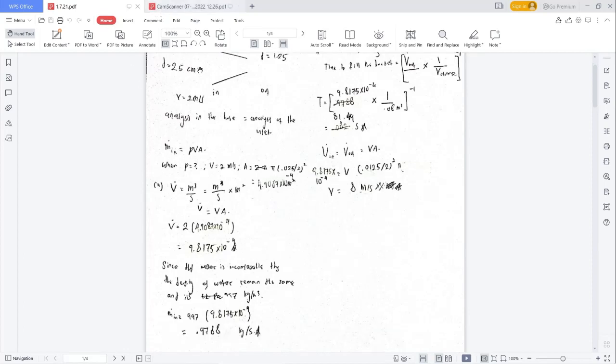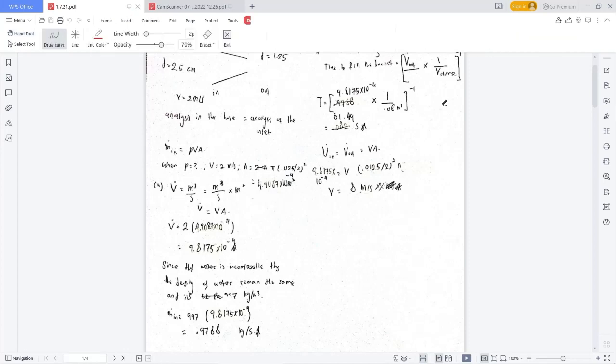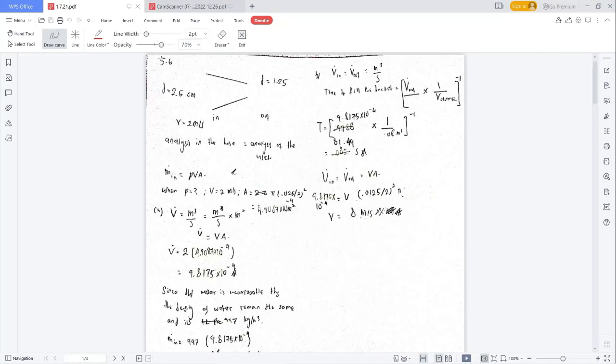Question A asks about the volume flow rate. The volume flow rate is equal to V times A, the velocity times the area at the inlet. The velocity at the inlet will be 2 meters per second. Meanwhile, the area will be pi times (0.025 divided by 2) to the power of 2.